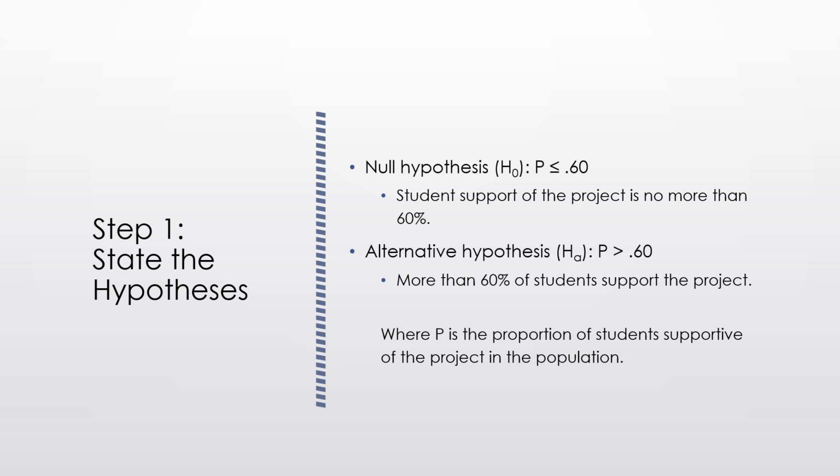The alternative hypothesis is HA: P greater than 0.60, which states that more than 60% of students support the project. Here, the uppercase P represents the proportion of students supportive of the project in the population.